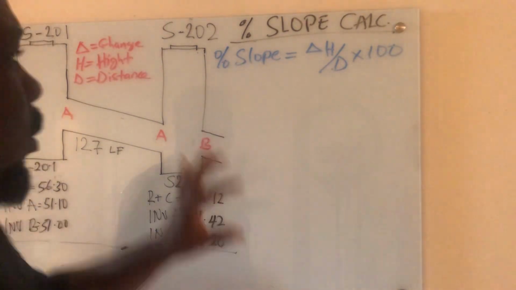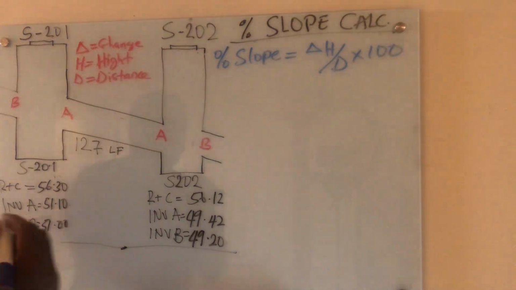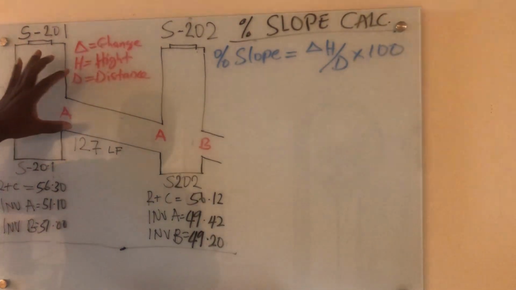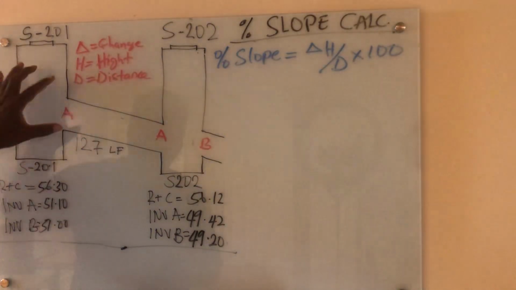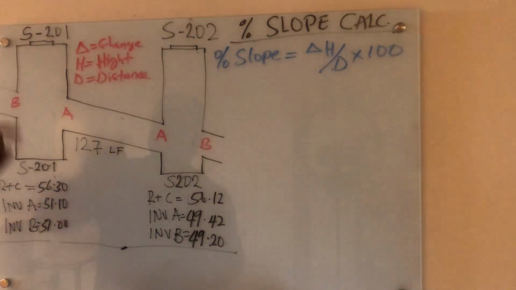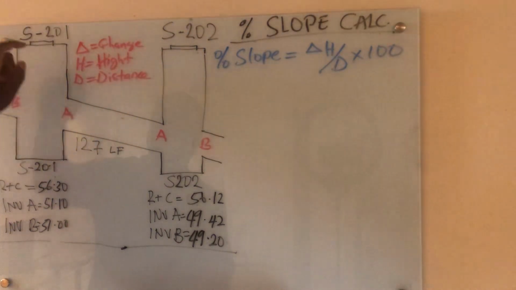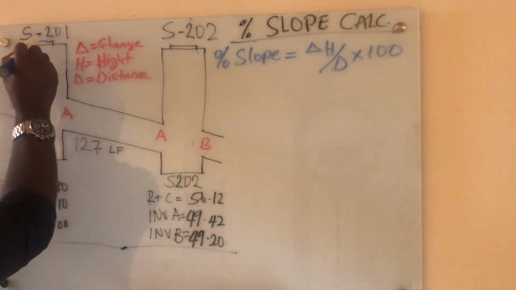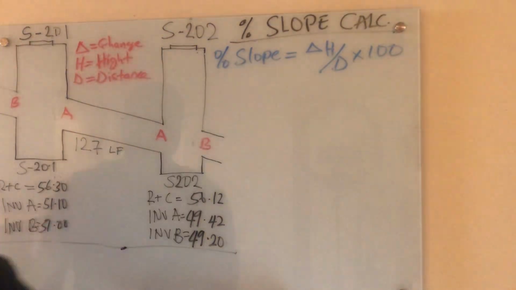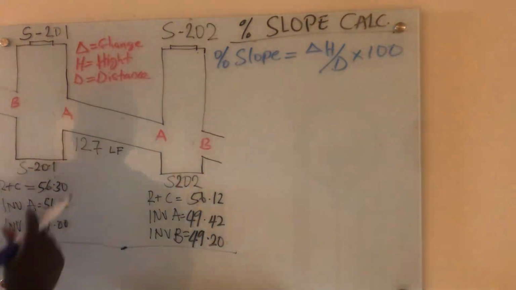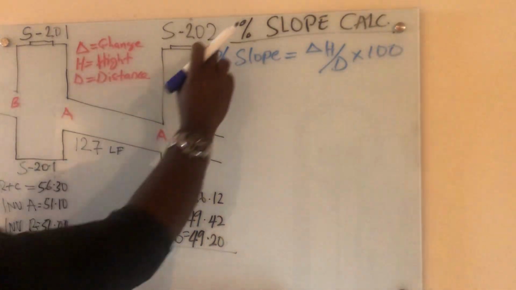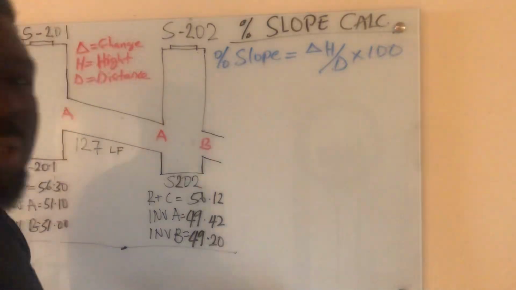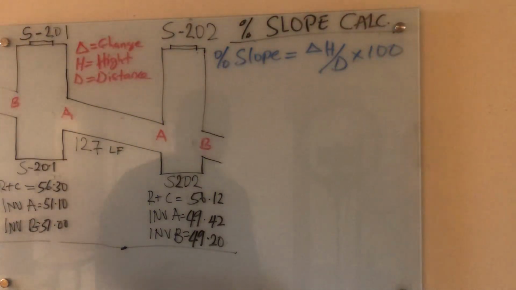So let's take a look at the design or the drawings we have here. You will find this as part of your utility drawings. You have your structural numbers. With this drawing, we have structural number 201 and 202. So how do we lay this pipe so we can have that flow, that percentage of slope to determine the flow of the drains, all right?